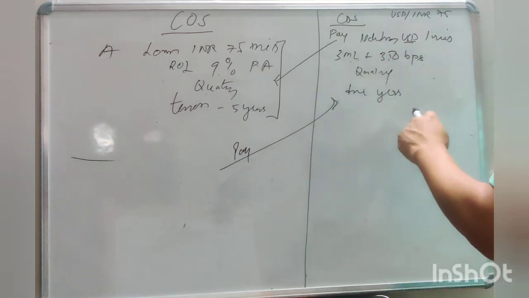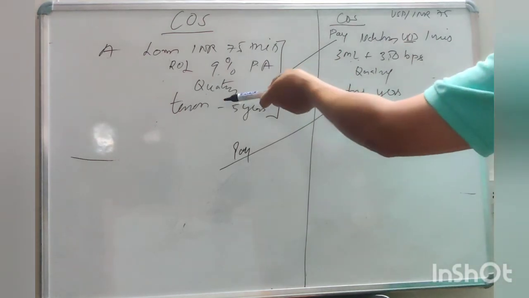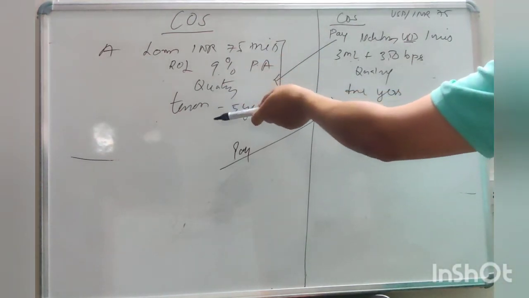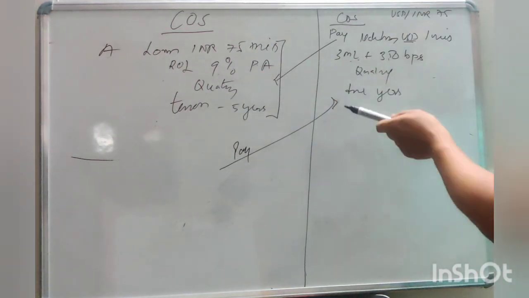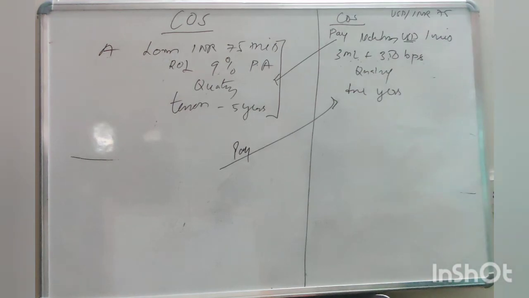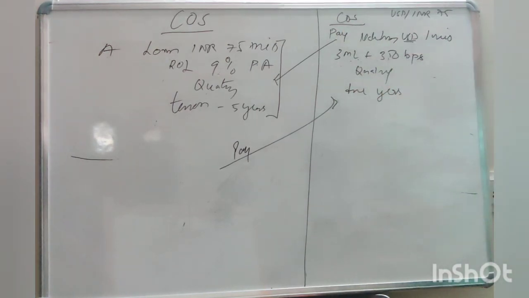So now on every settlement, the swap counterparty will pay 9% per annum on 75 million INR to the corporate, and the corporate in return will pay 3-month LIBOR plus 350 bps on $1 million, and this payment can be met from the customer's export receivables.